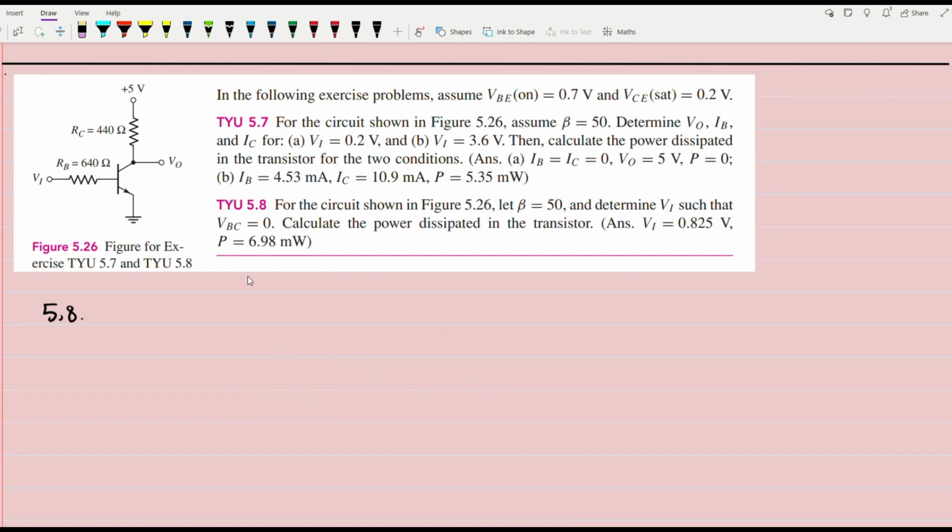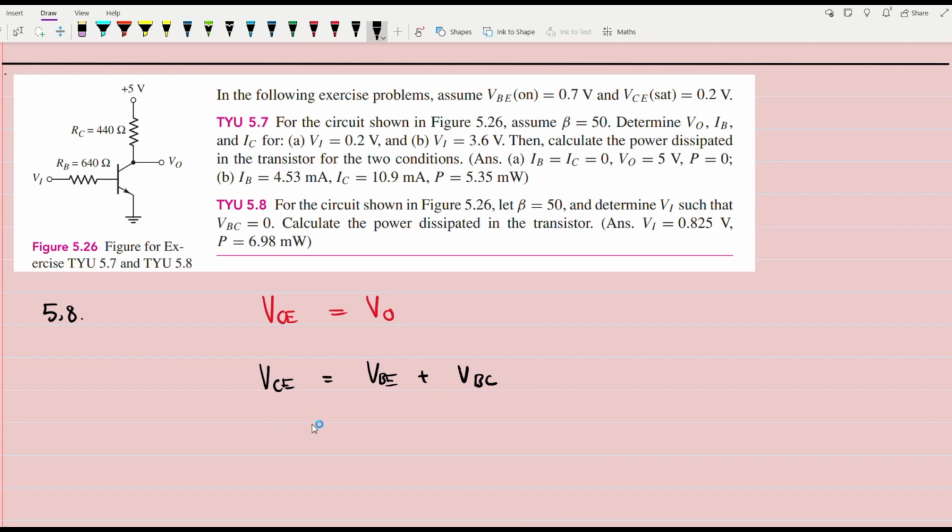Now moving on to 5.8. We have to determine VI such that VBC is equal to 0. There are a few things we need to know. We must know that VCE is equal to VO, and VCE is equal to VBE plus VBC.